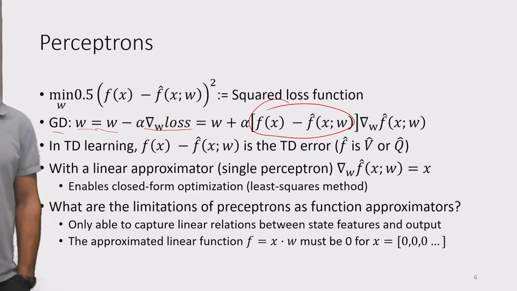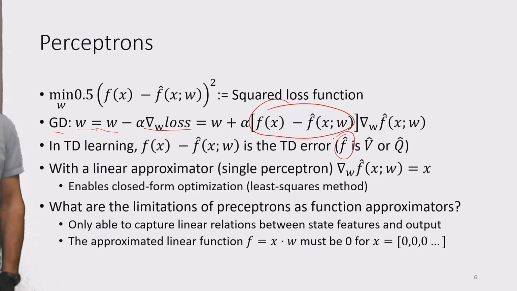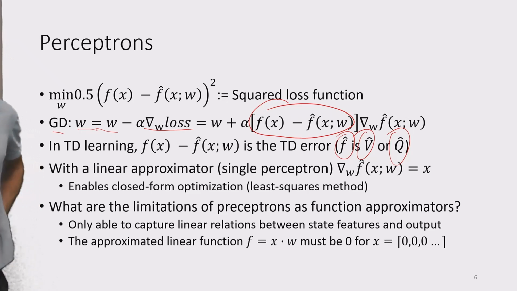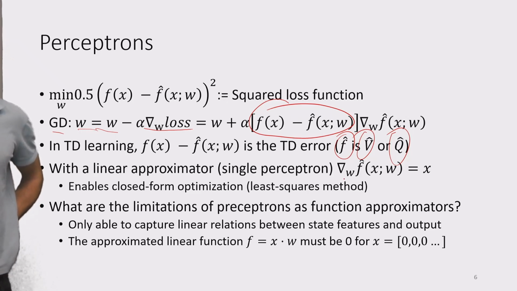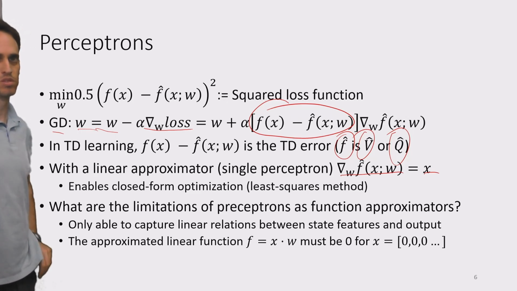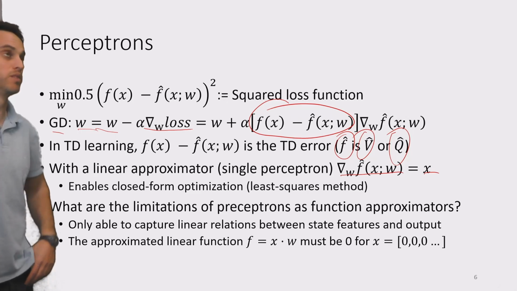In those cases, the function approximator is either approximating the state values or the Q values, the action values. With a linear approximator, a single perceptron, the gradient of our function approximator is simply the feature vector, or the x, the input to the function approximator, to the perceptron.